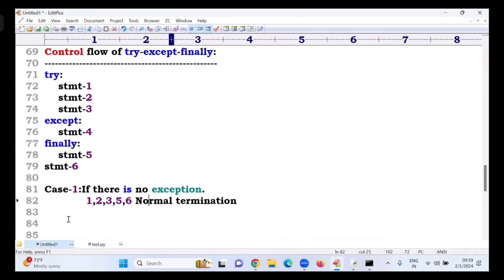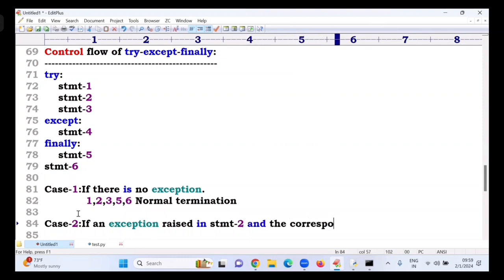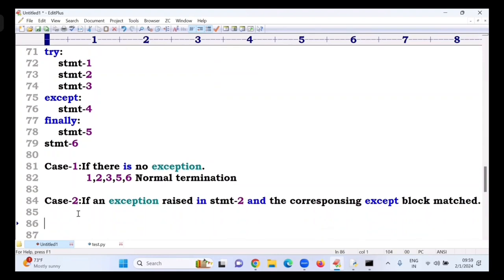Second one, case 2. If an exception is raised in statement 2 and the corresponding except block matched, then which statements will be executed?